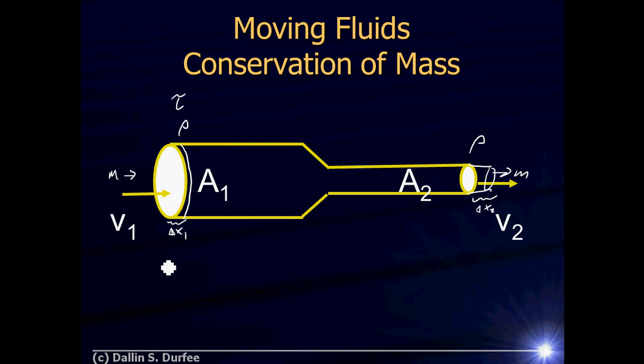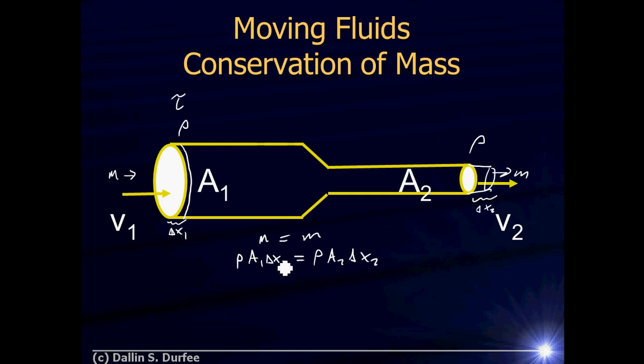All right? So basically, the equation of continuity says that mass in is equal to mass out. The mass going in is just the cross-sectional area times delta x1. That's the volume, right? So let's multiply that by the density. There's the mass that flows in this side. That's got to be equal to the mass that flows out the other side, which is density times the volume of the cylinder, which is area 2 times delta x2.